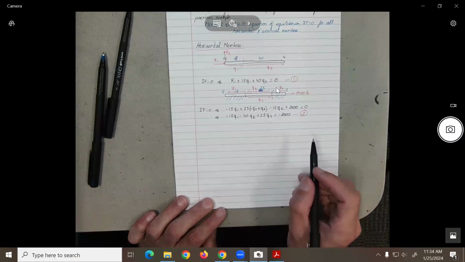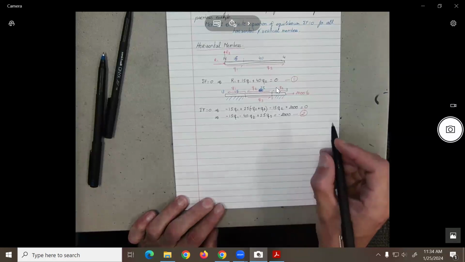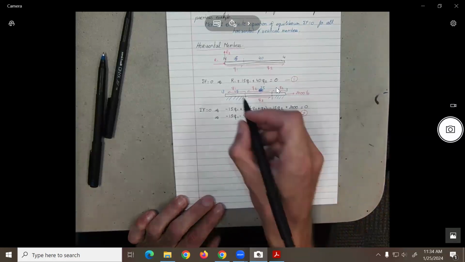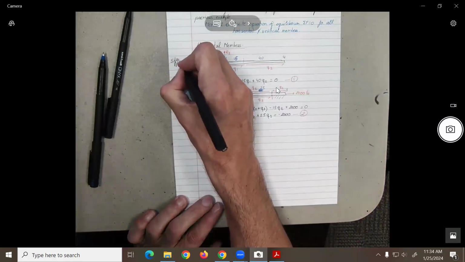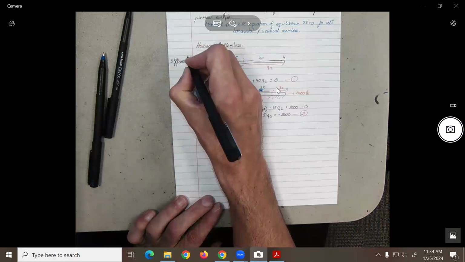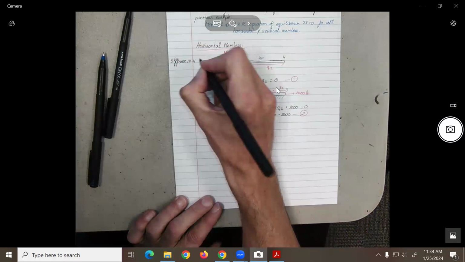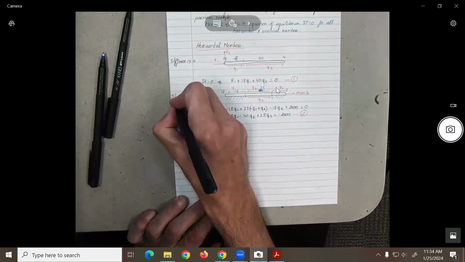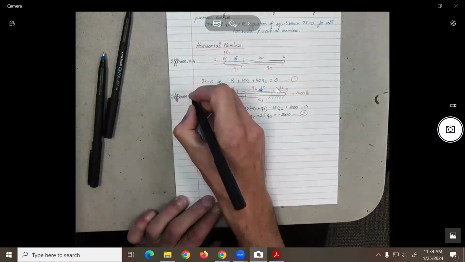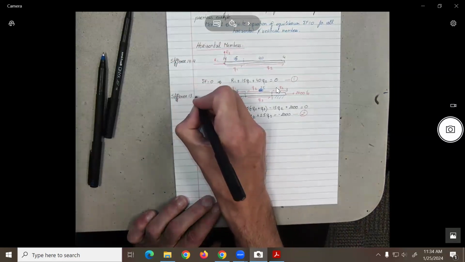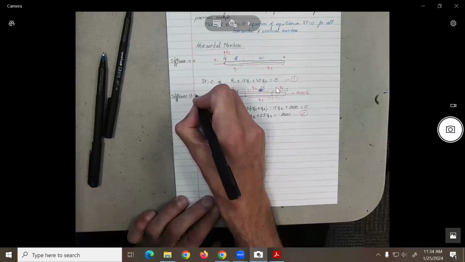Okay, next we'll go to the stiffener, to the member here. Maybe let me add some more notation here. This will be stiffener or flange 14, 4. Stiffener 13, 3.